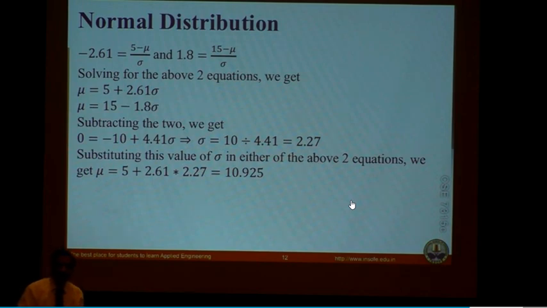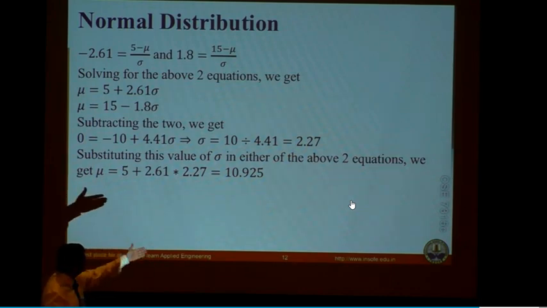Now you tell me, 95% of the people will finish the game within what range? Plus minus 2 sigma. So 10.925 plus minus 4.54 minutes. So 6.5 to about 14 point something.